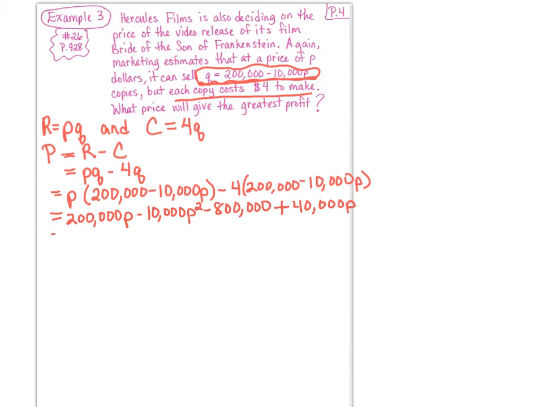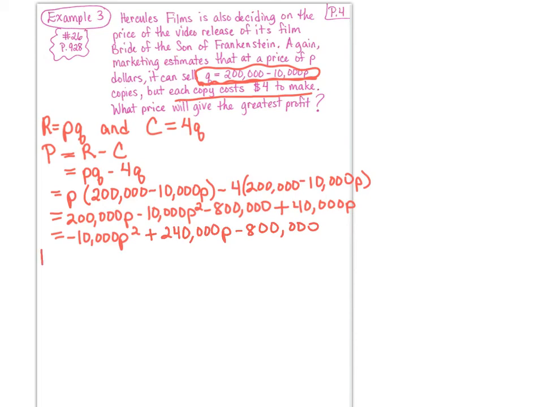We get negative 10,000 P squared, and then we're going to have 200,000 P plus 40,000 P, which gives us 240,000 P minus 800,000. All right, so that's the equation for profit.